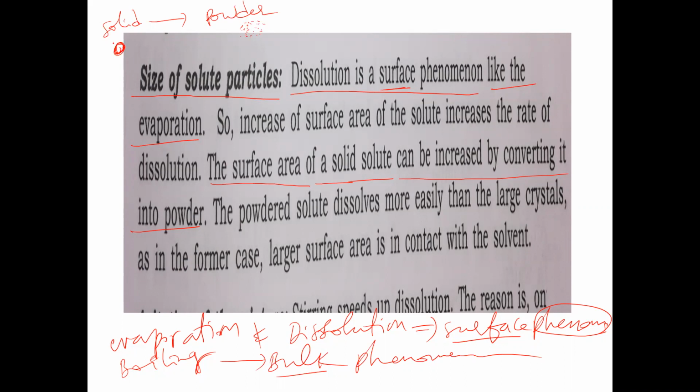Now if you take the surface area of this total solid, it will be less when you compare it with the total surface area of all the particles. The total surface area of all the particles will be greater than the surface area of the solid. So in the powder form there will be more surface area.